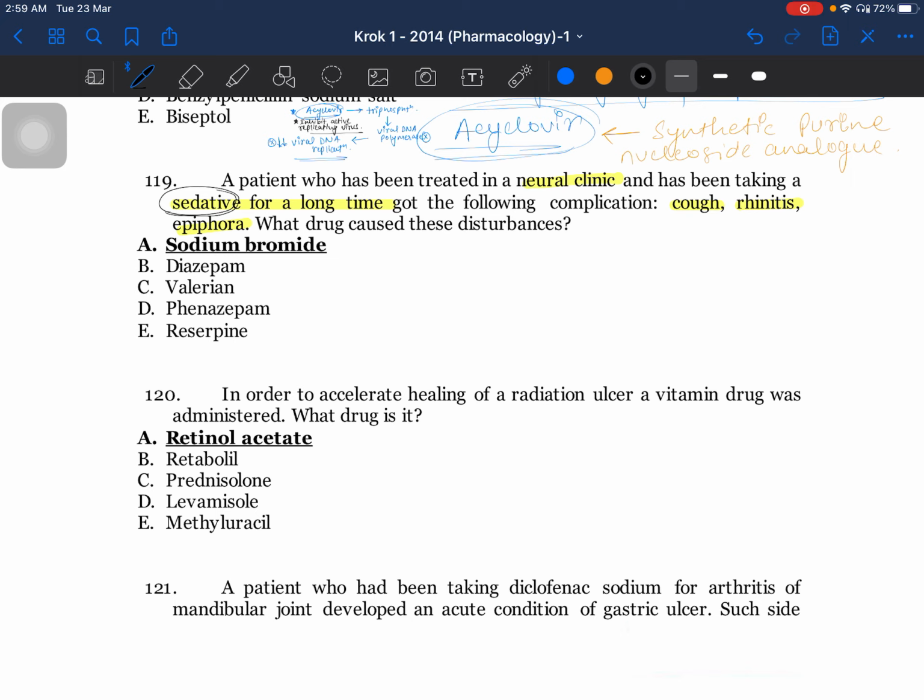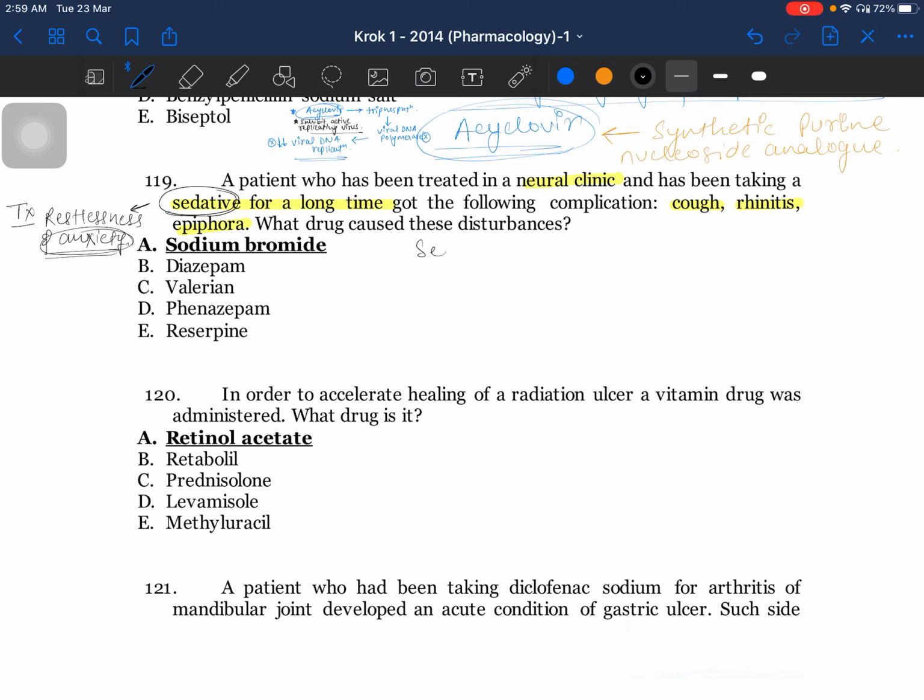Sedatives are the drugs which are used for the treatment of restlessness and anxiety, that is basically a light form of anxiety.